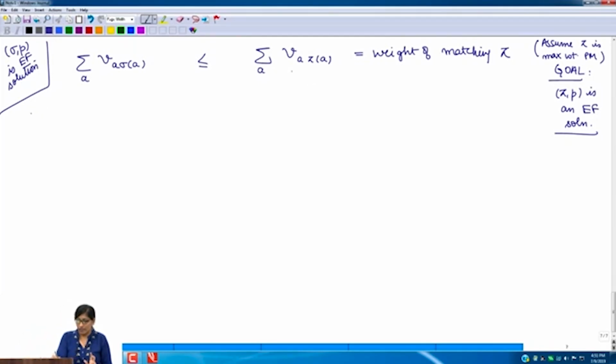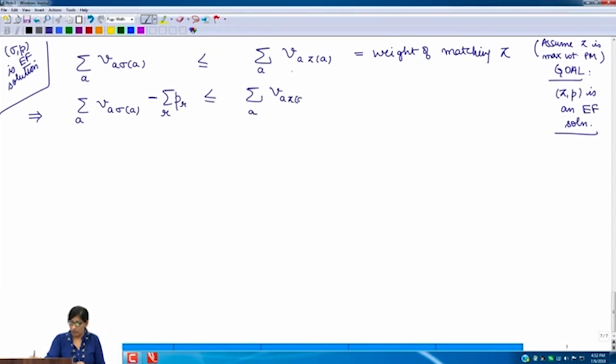So this is some jugglery. I'll just subtract the p, so this is the p, right? I'll subtract it from both sides. So what I'll get is sigma A minus, I'll subtract this particular price from both sides. This particular quantity is obviously equal, and I've just subtracted from both sides.